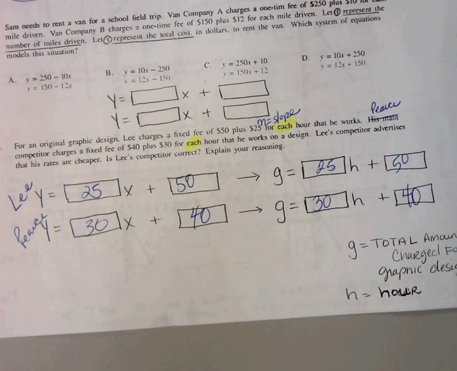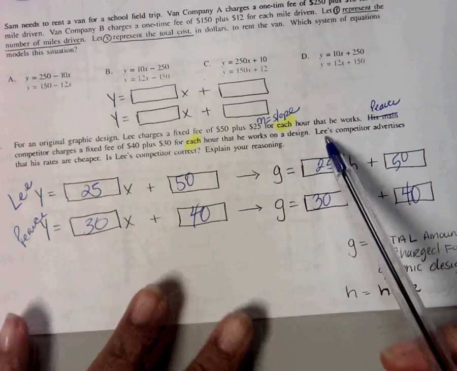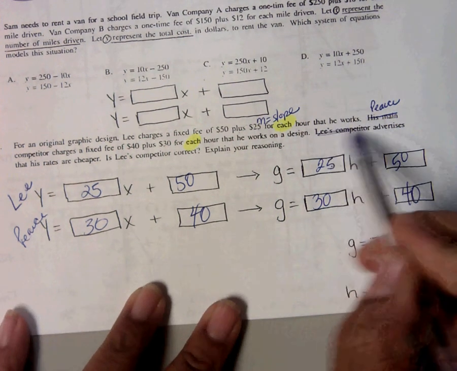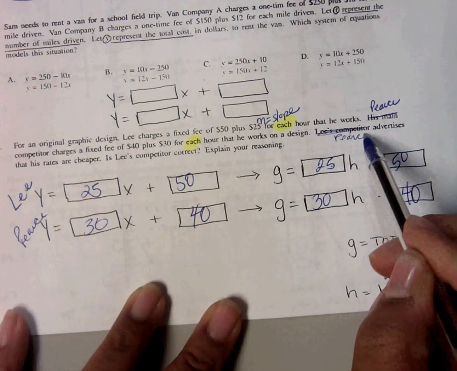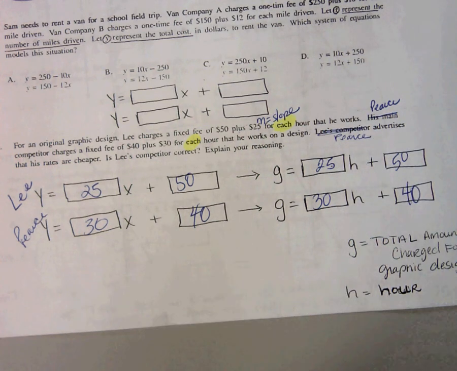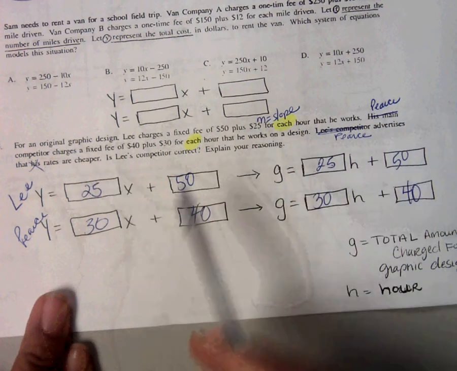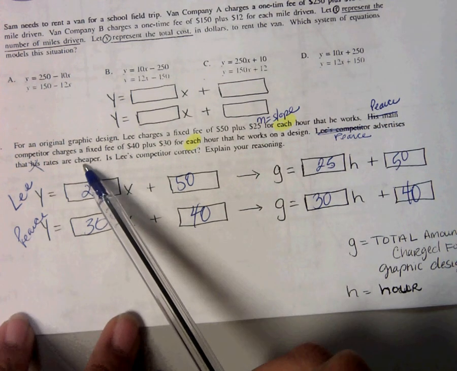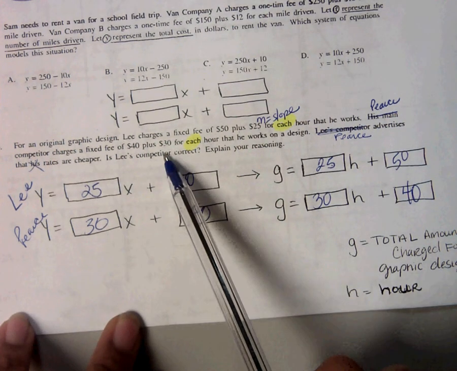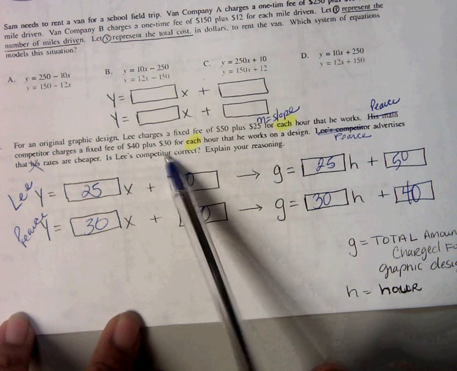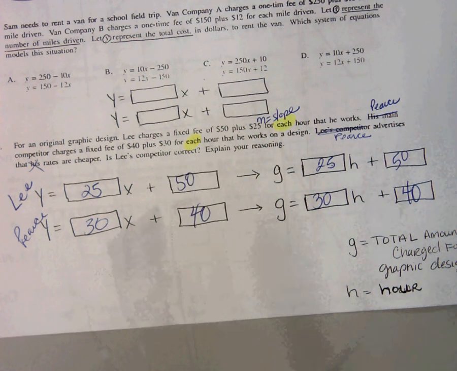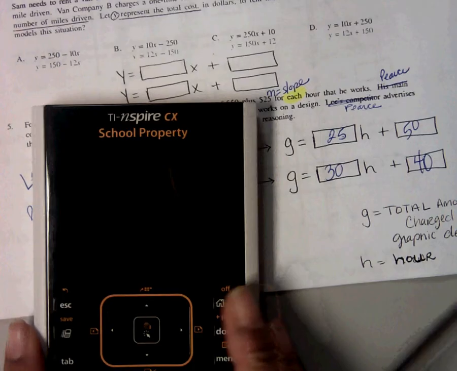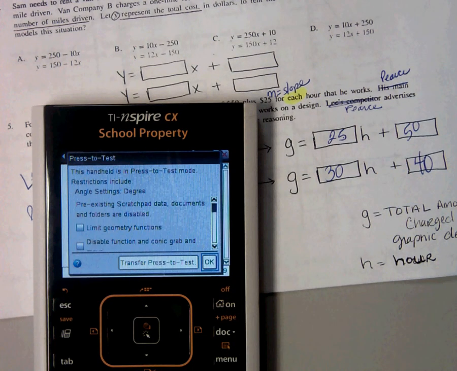Now let's finish reading the question. Miss Pierce, because I'm the competitor, advertises that I advertise that my rates are cheaper. Am I correct? Are my rates cheaper? Explain your reasoning. Well, we haven't done the menu 3-2 in a while, so let's take a calculator practice that again.